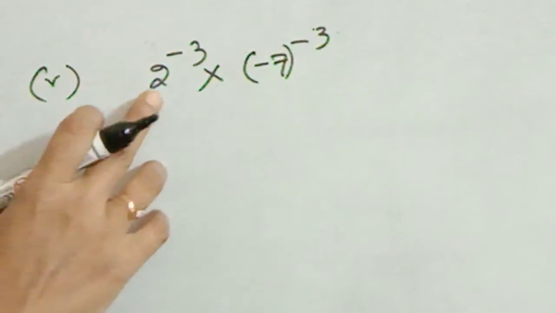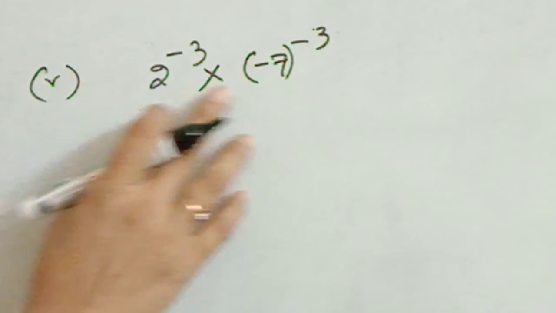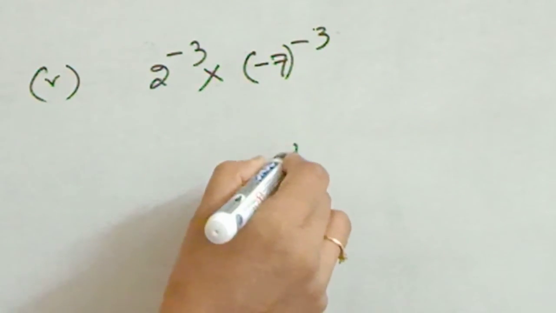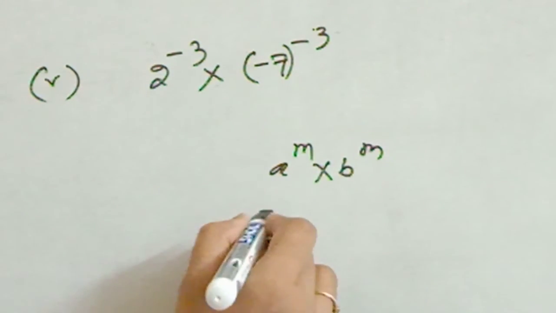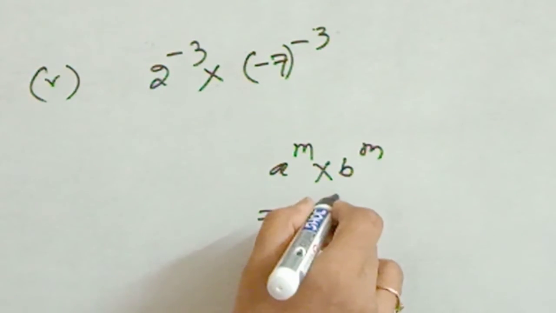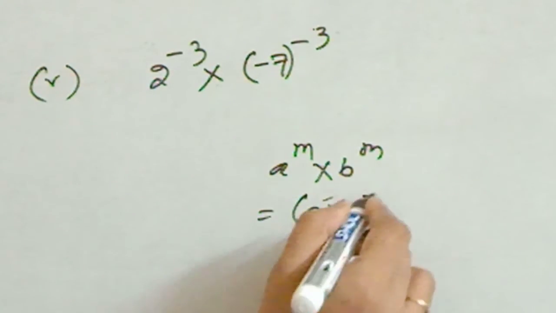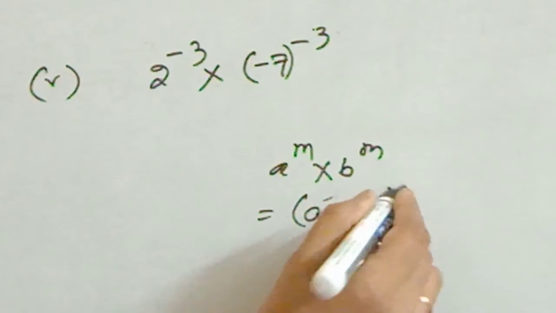Question number 5. 2 to the power minus 3 into (-7) to the power minus 3. Here the bases are not the same, but the powers are the same. So a to the power m into b to the power m, according to this law we will write (a into b) whole to the power m. We will use this law here.